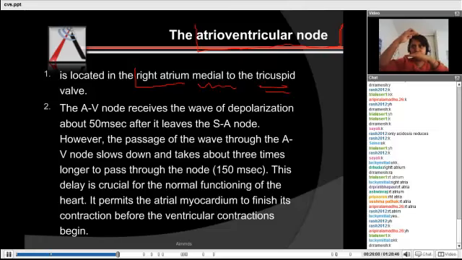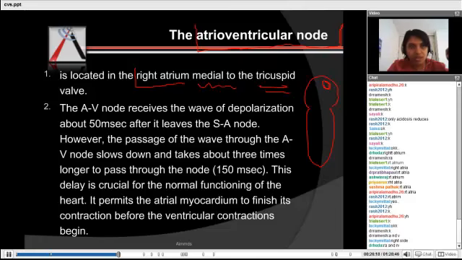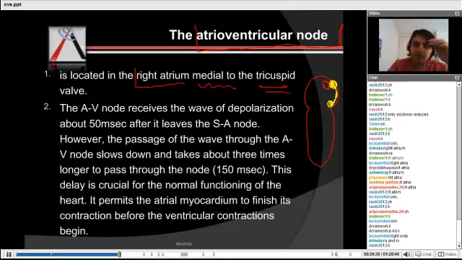It is the junction of the atria and the ventricle. So if this is your right atrium and this is your right ventricle, somewhere here your superior vena cava opens, somewhere here was your SA node and somewhere here is your AV node.